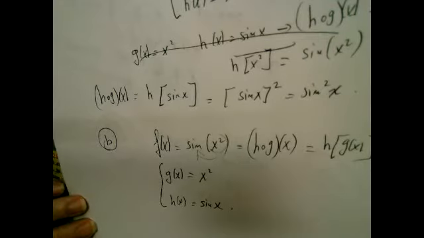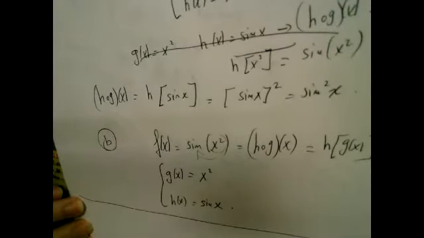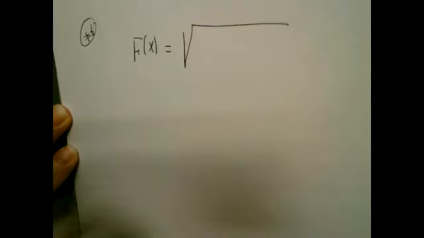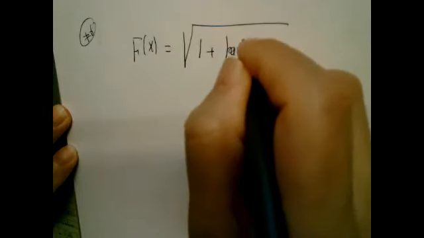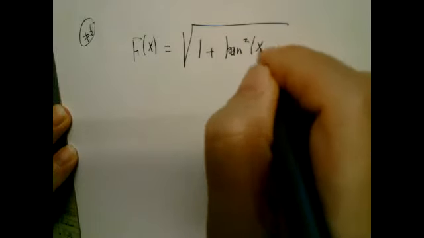So you guys make the distinction between them. All right? Okay, we look at the last one, number 6. We have a function f of x, and it is the square root of 1 plus tangent square x.